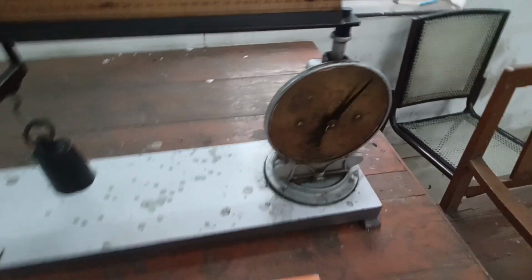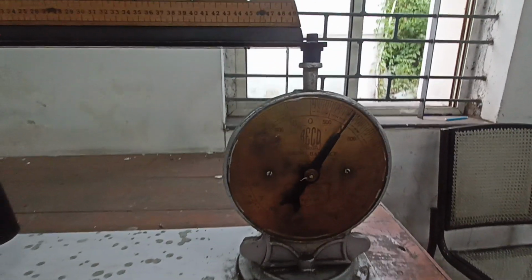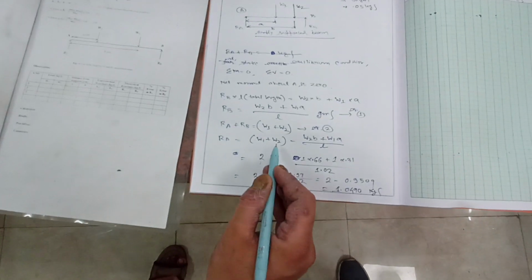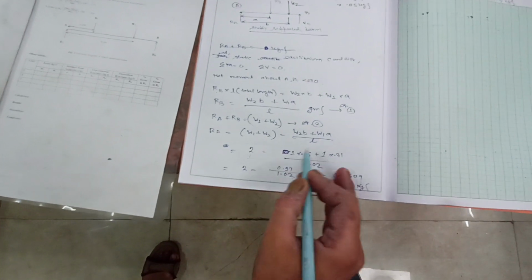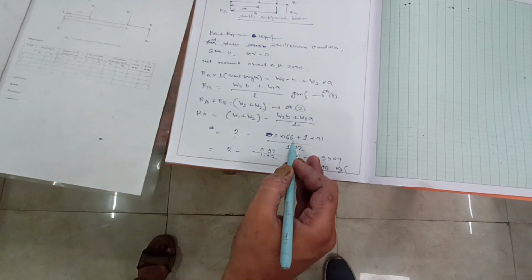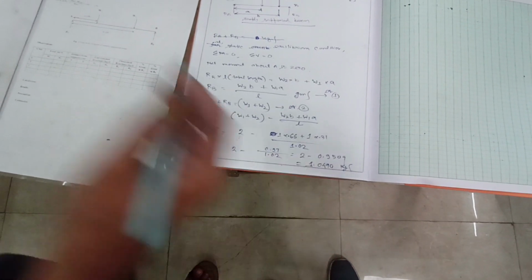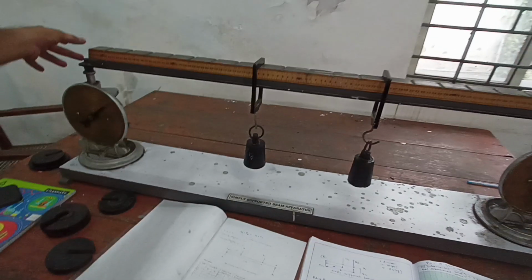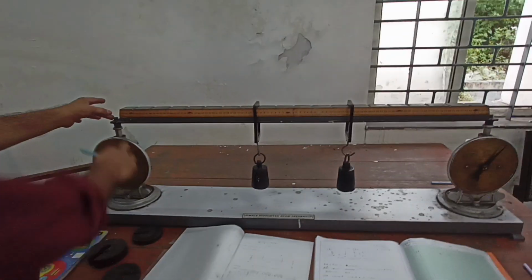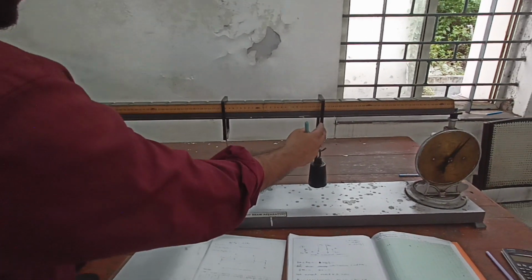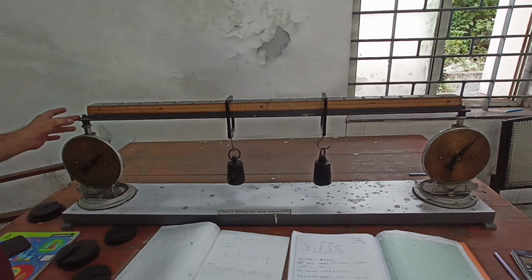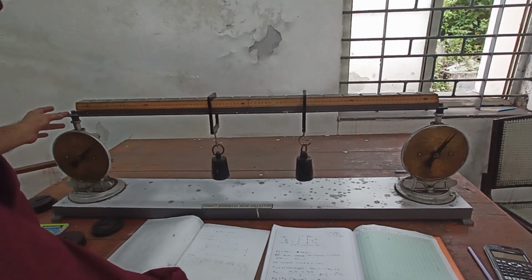Theoretically, W1 plus W2 is 2, minus 1 into 0.6, so we get 0.66. From the meter scale, the distance B from here to here is 66 centimeter, so we put 0.66 after converting it into meters.